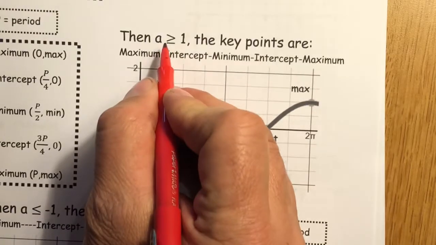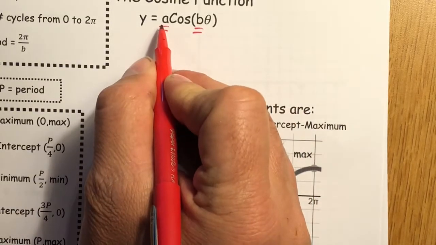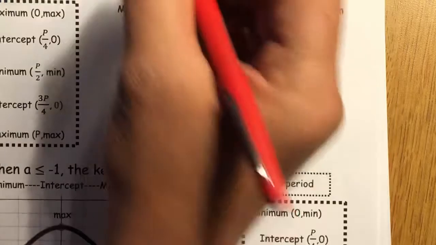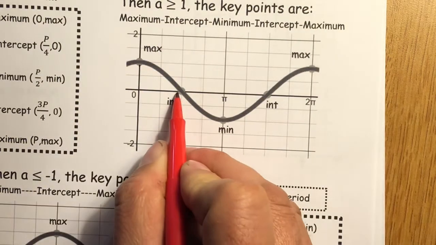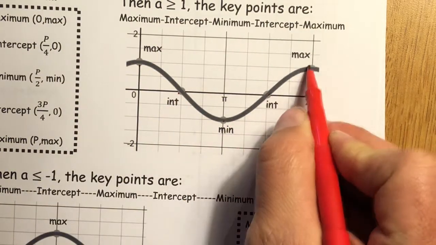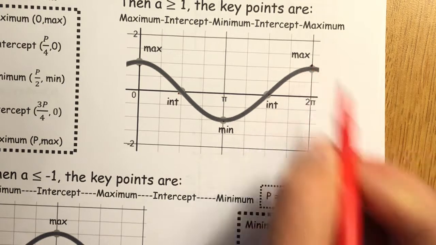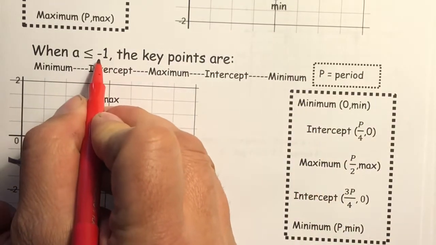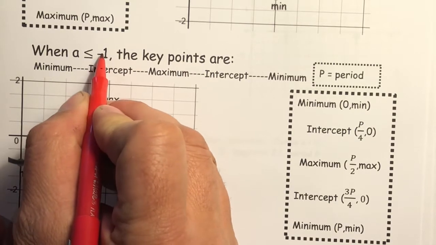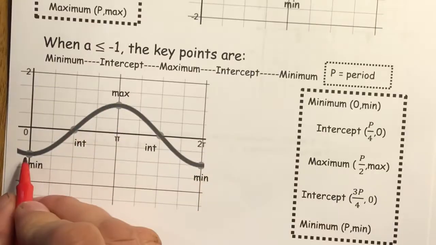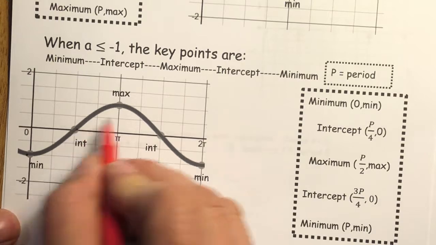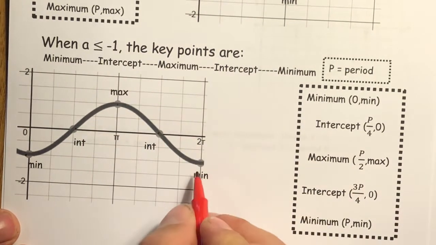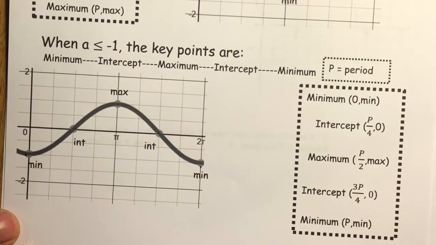When a is greater than 1, that means when it's a leading positive number, we're going to go max, 0, minimum, 0, maximum. Now when a is negative, if I have a negative leading coefficient, all that does is flip it, and now we get minimum, 0, maximum, 0, minimum.